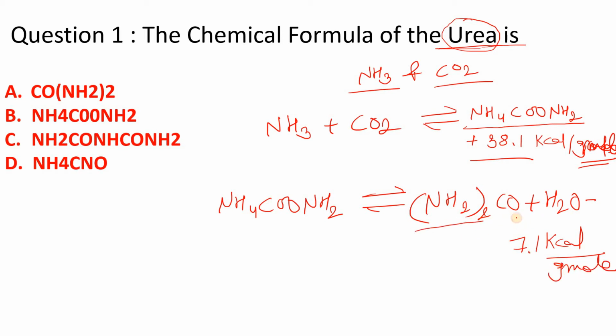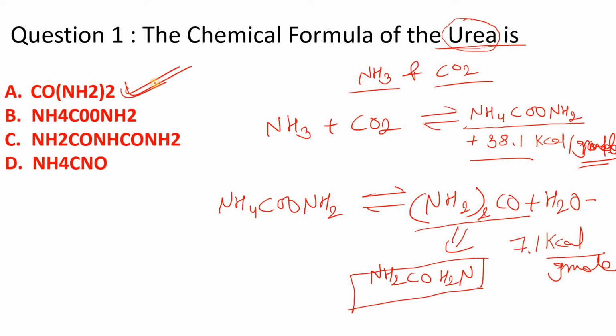So this is our formula of urea. You will also find this formula written like this: NH2COH2N. The meaning is the same, just understand that this is the formula of urea. So the right answer will be A.